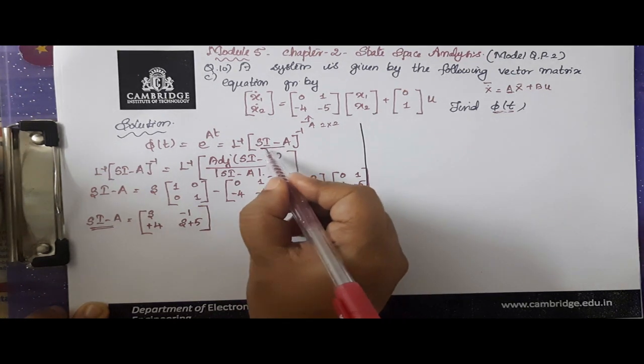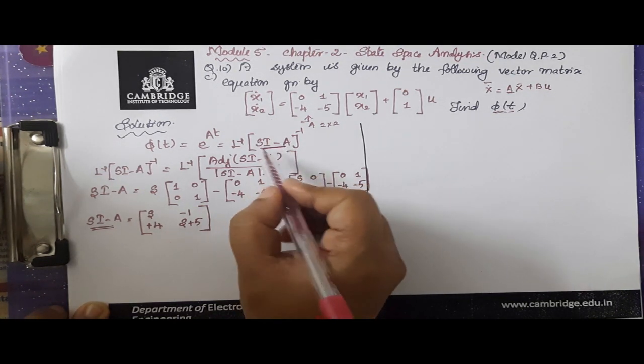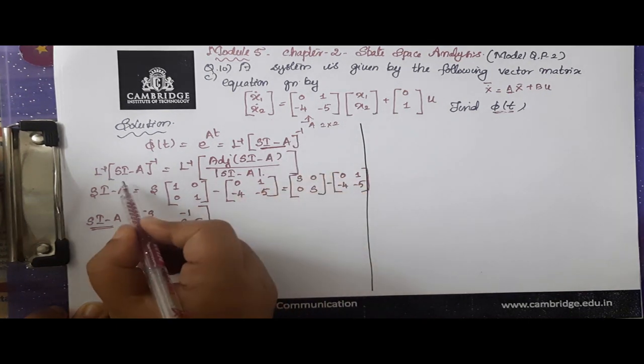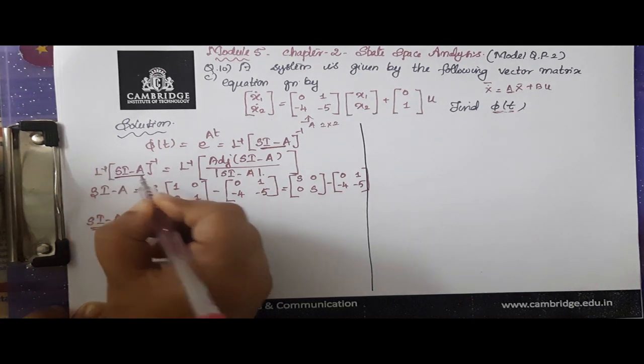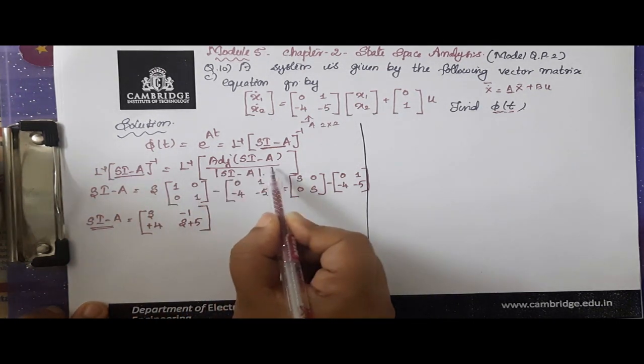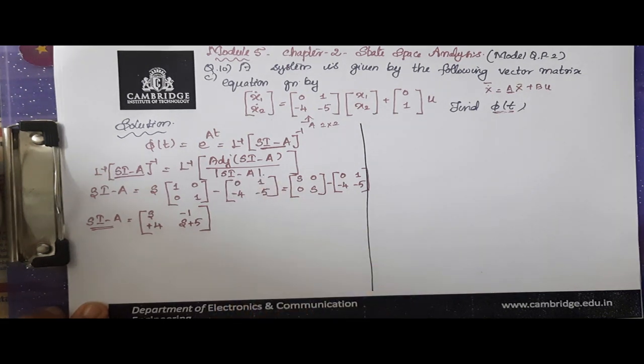Once after representing sI minus A, the next step is to find (sI minus A) the whole inverse, where (sI minus A) the whole inverse is given by adjoint of (sI minus A) divided by determinant of (sI minus A).